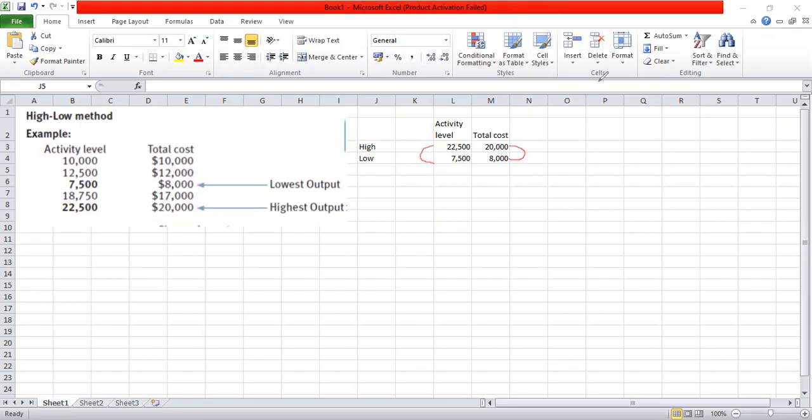So what we need to do is first find out the difference. The difference is all on account of the variable component. The difference is 22,500 minus 7,500.